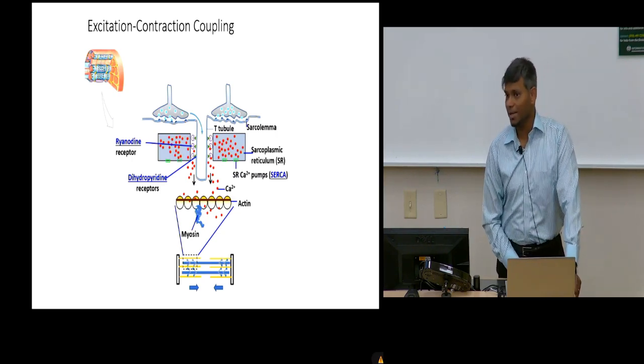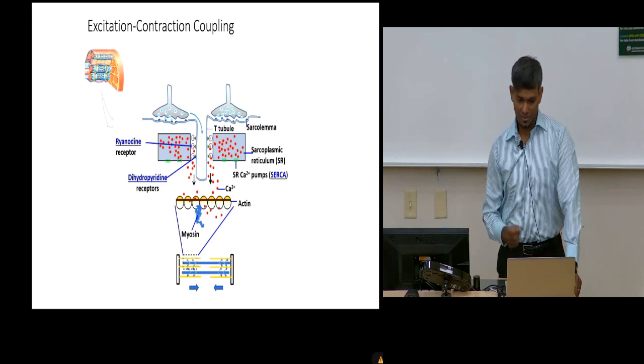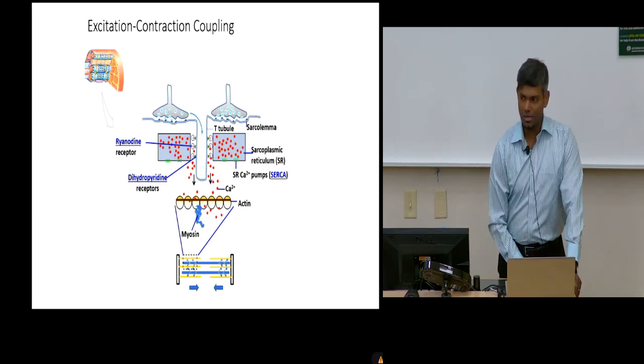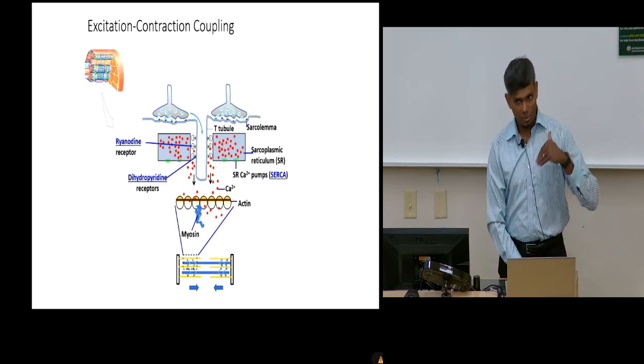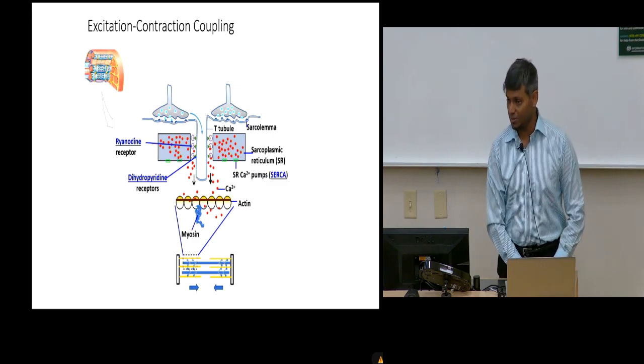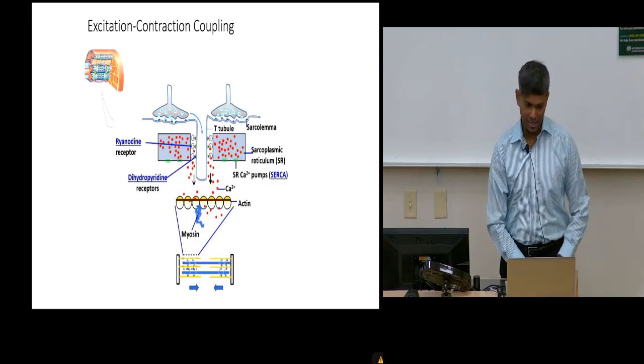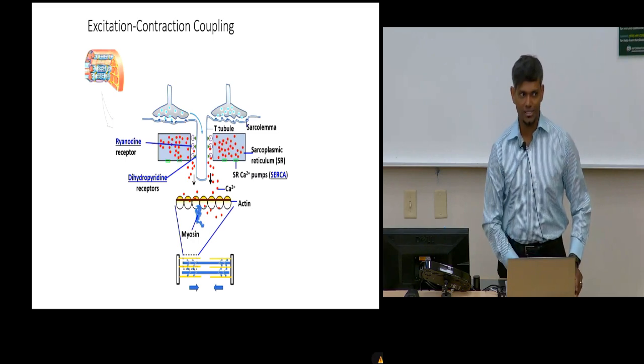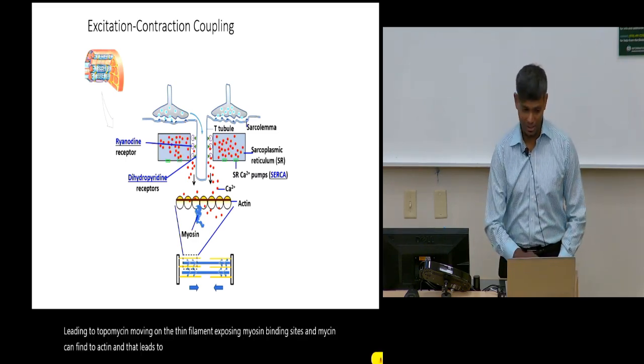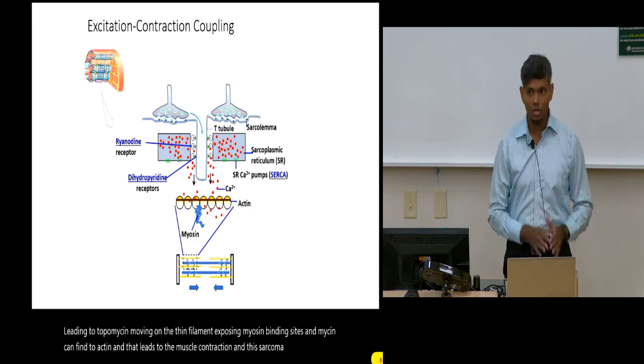This calcium will bind to the troponin C subunits on the thin filament, leading to tropomyosin moving on the thin filament, exposing myosin binding sites, and then myosin can bind to actin, and that leads to the muscle contraction, and the sarcomere is going to shorten in length.